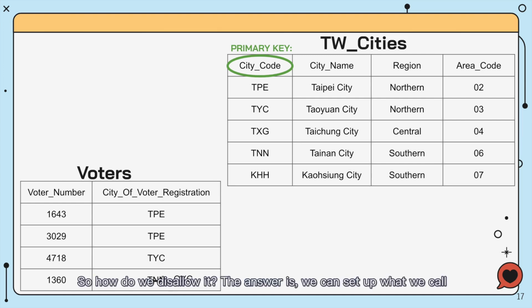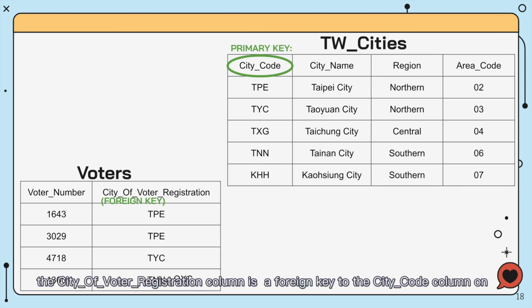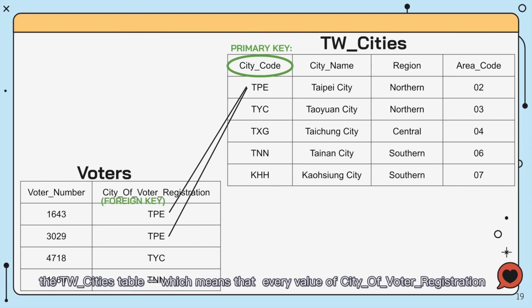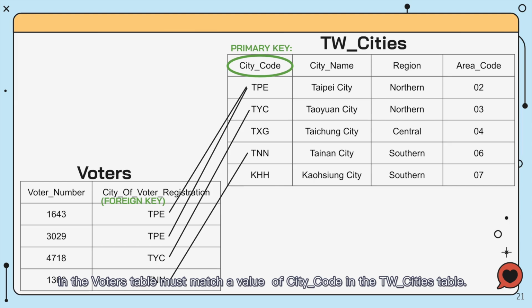So how do we disallow it? The answer is we can set up what we call a foreign key constraint. This constraint tells the database that the city of voter registration column is a foreign key to the city code column on the Taiwan cities table, which means that every value of city of voter registration in the voters table must match a value of city code in the Taiwan cities table.